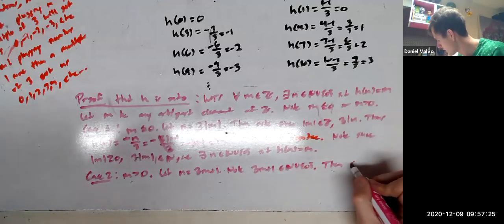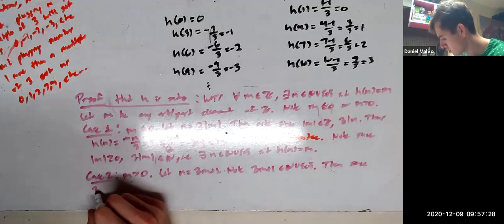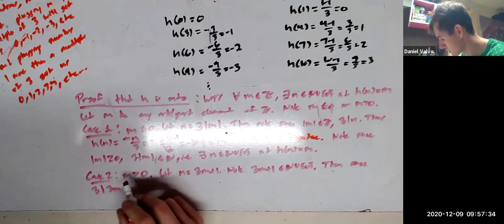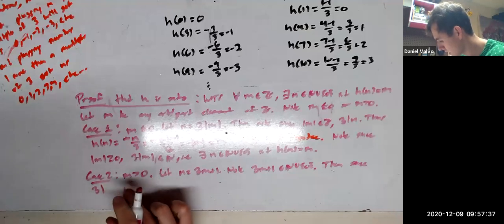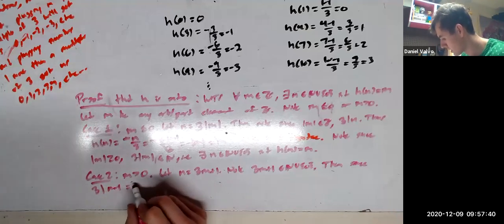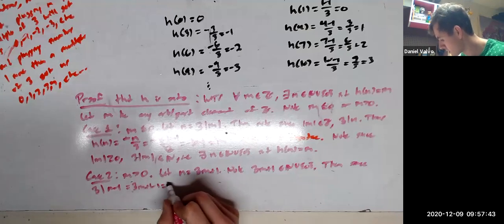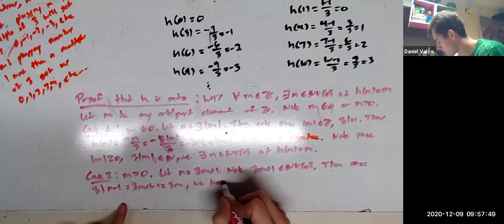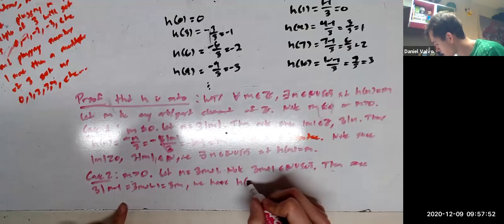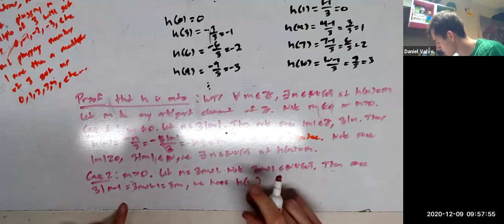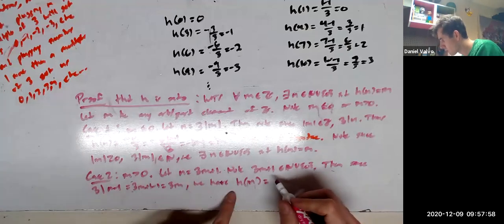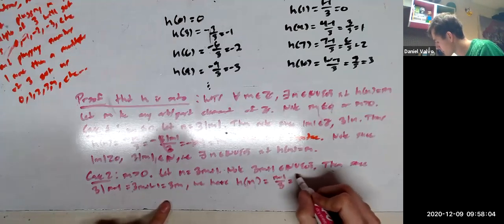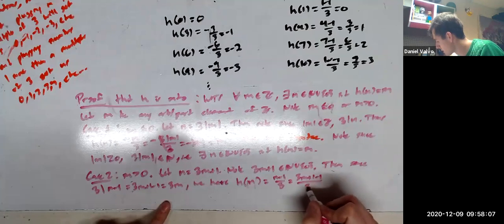Then, since 3 divides n minus 1, which it does because this is going to equal 3m plus 1 minus 1, which equals 3m, we have h of n is going to equal, in this case now, n minus 1 over 3, which equals 3m plus 1 minus 1 over 3.